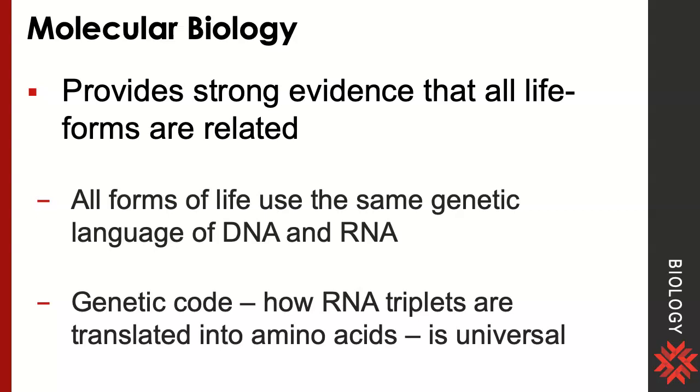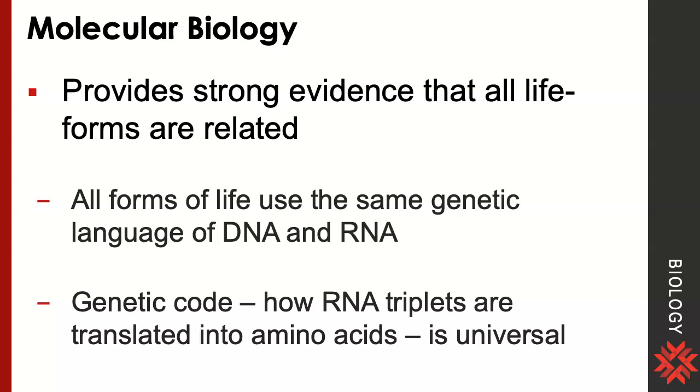In addition to that, in Biology 3012, we talked about the genetic code. If you remember, that was the table that we compared to a French-English dictionary. That genetic code looks at how the different nucleotides code for particular amino acids, and then the sequence of those amino acids makes the different proteins. Well, all forms of life have the same genetic code.